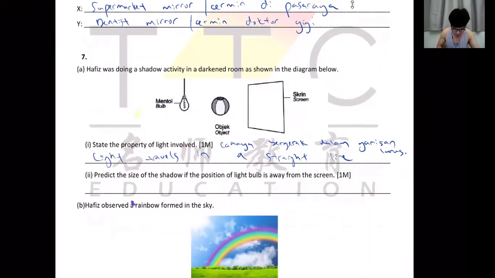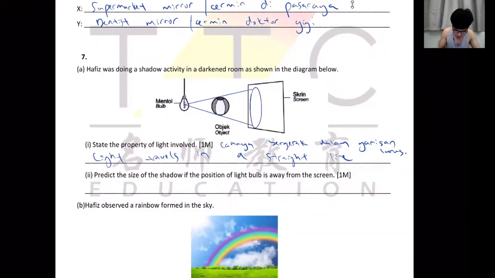Okay, so number 2, predict the size of the shadow if the position is away from the screen. Okay, so what happens when I move this bulb away? You just draw your understanding. Okay, if my bulb is here, my ball will look like this. This is the shadow, so quite big lah.